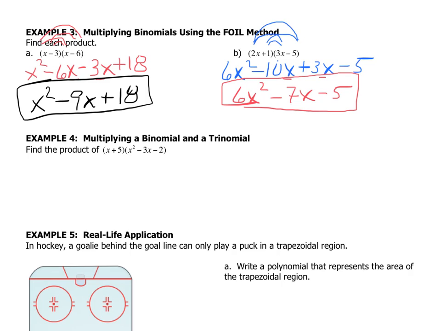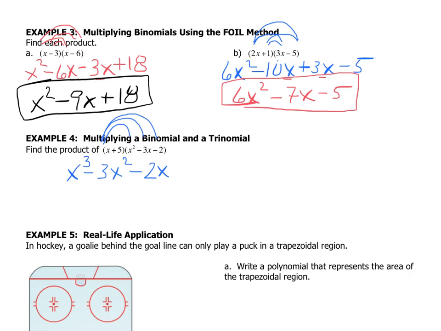So in this case, we're going to have the same exact start. x times x squared is x cubed. Then we would move on. x times negative 3x is negative 3x squared. And then one more, x times negative 2, which is going to give me negative 2x. That will cover the first three terms, multiplying by the x in the first binomial.